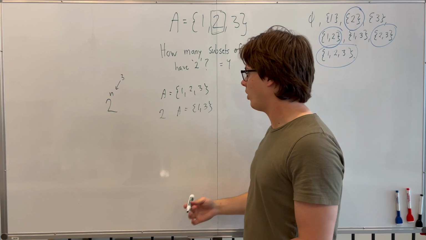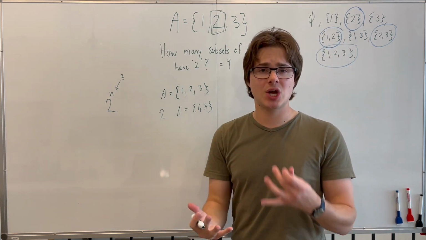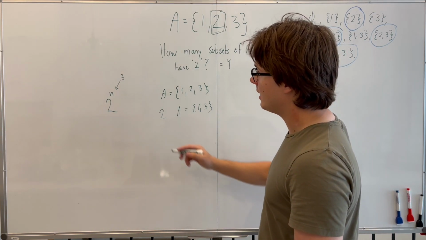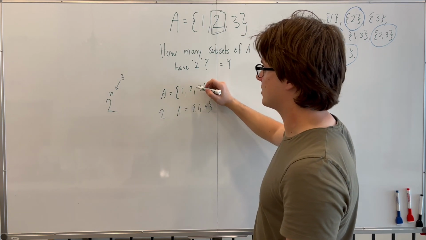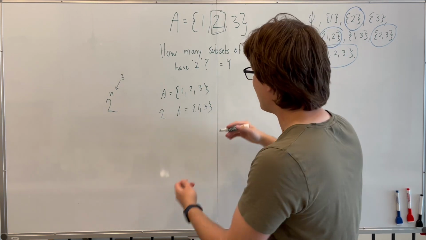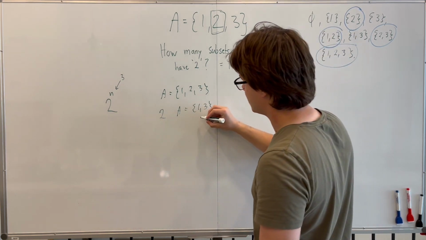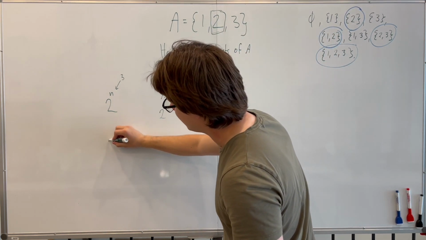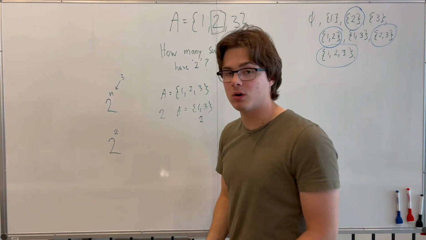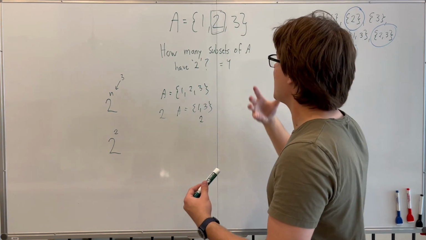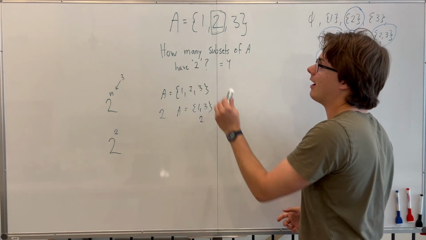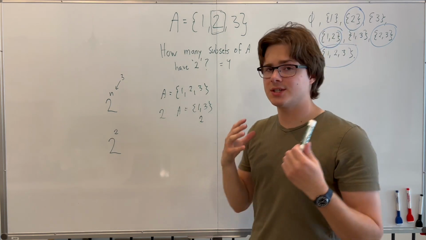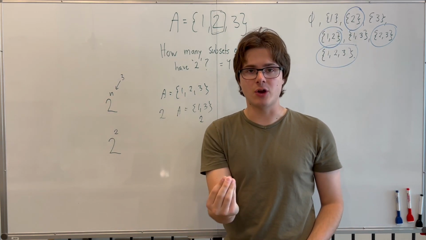Well, now what do we know? These are really the only things that can change, which means that instead of our n being 3, because A used to have 3, now A really only has 2 elements, right? 1 and 3. So we actually get 2 to the power of 2 as the number of subsets of A that have the number 2, because again, we are fixing the number 2.